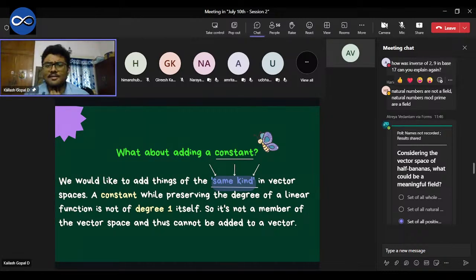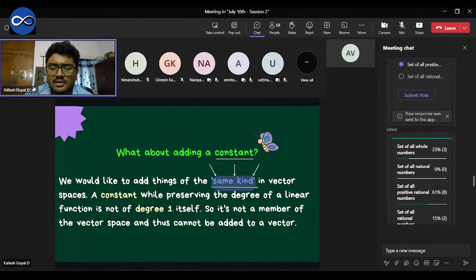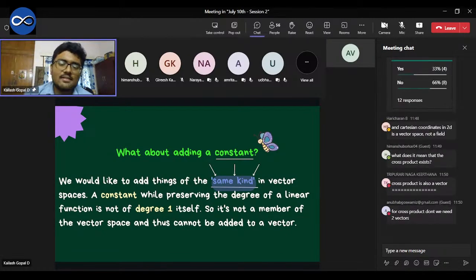In this vector space, I think it's pretty obvious. We've talked about this before. We're talking about homogeneous linear functions, I would like to remind you. At 0, these functions need to give the value 0, and if I add a constant, at 0 they don't give the value 0 anymore. Like y equals 2x plus 3 gives the value 3 at 0. So we are going outside the realm of possible vectors by adding a constant.